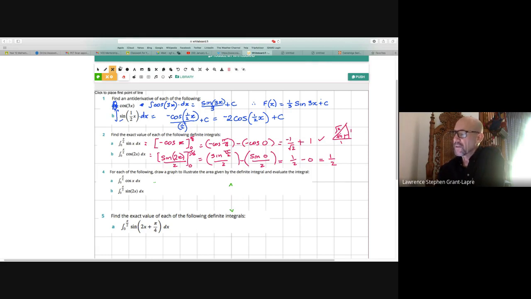Let's just extend that line a bit. And let's put this as being pi over 2, pi over 4, 3 pi over 4, go negative 1, positive 1, and it's cos x.